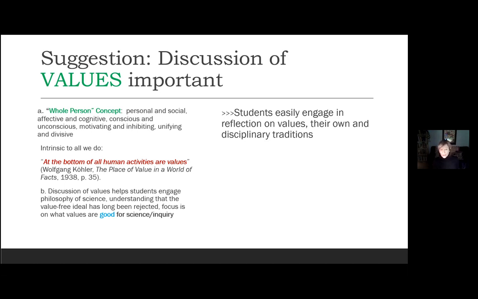And even discussion of values in relation to a discipline like psychology actually engages them in philosophical discussion. It helps them realize that the value-free ideal has long been rejected by philosophers of science, who instead focus more recently on what kind of values do influence science and what values in particular are good for science or good for inquiry of any kind.